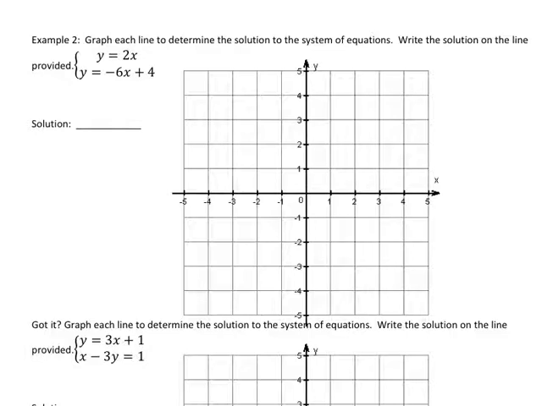On this next page, what you're asked to do is graph each line in order to determine the solution to the system. We're going to remember that y equals mx plus b is slope-intercept form. Here I have a plus 0, so my y-intercept is 0, and my slope is 2, but we're going to write it as a fraction, 2 over 1.